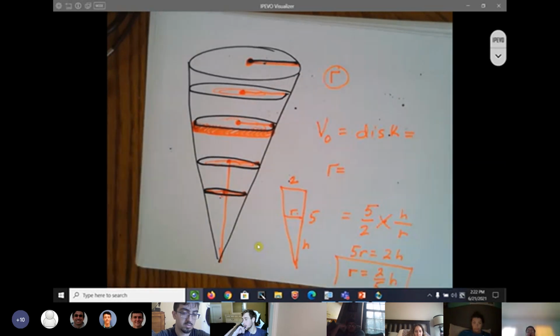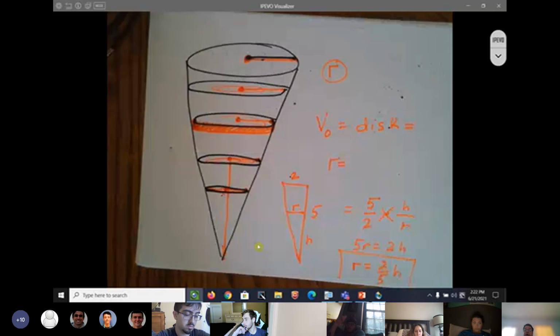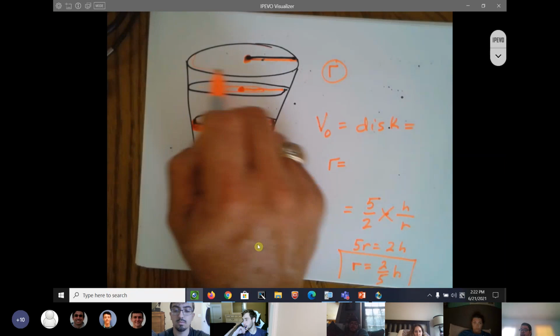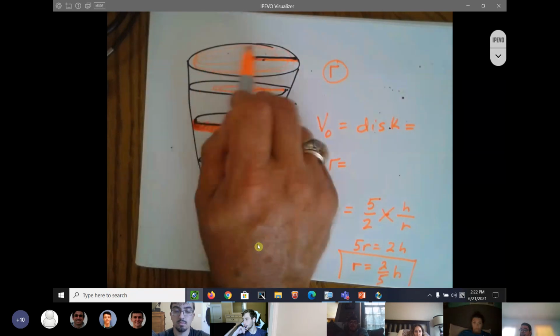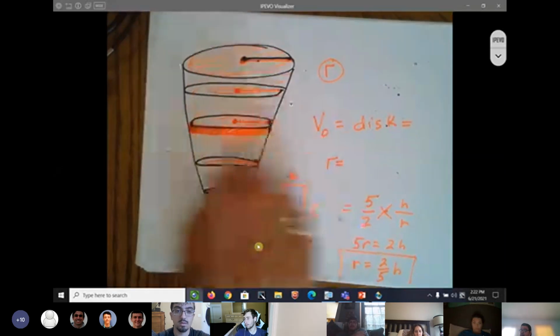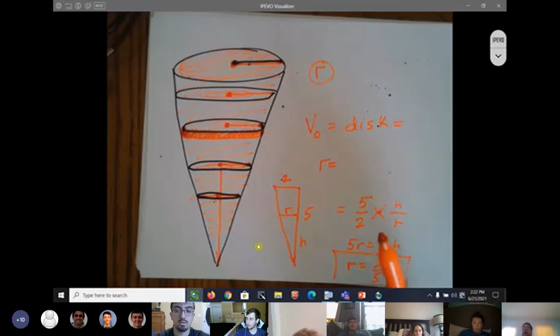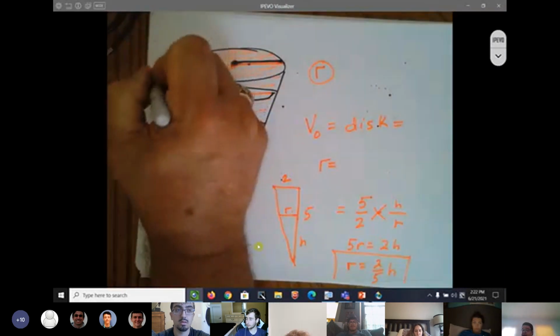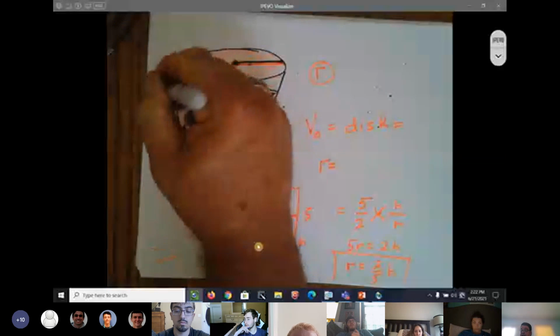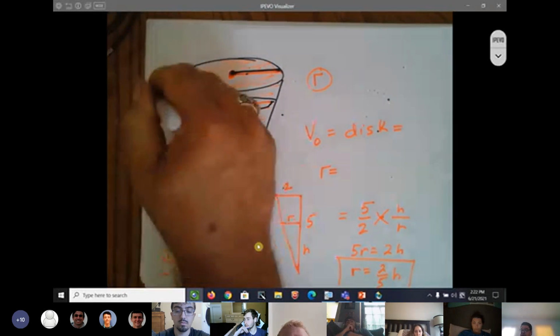Why do you solve for R, Hubert? Because one, it's the thing that's changing, and what's your goal? Your goal is to fill up the tank. So if that tank is 20 meters tall, then you know your height is going to be 20 meters.